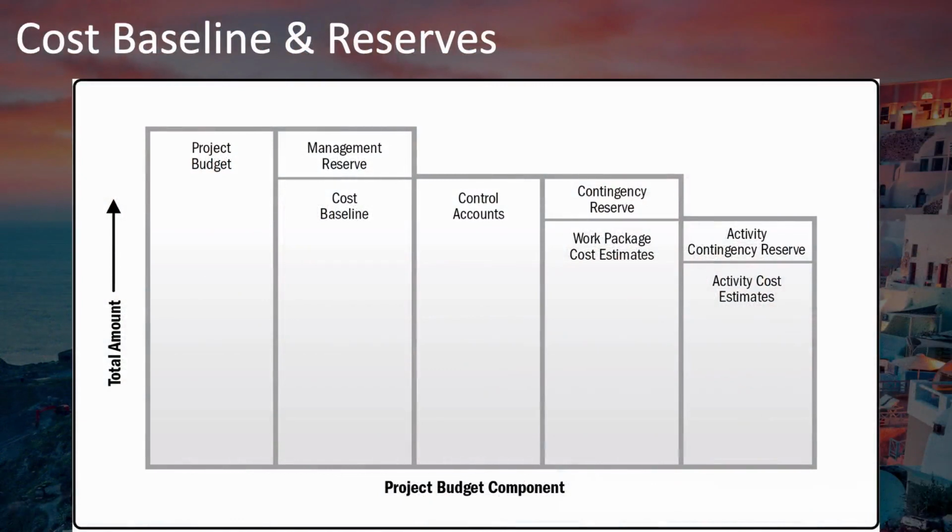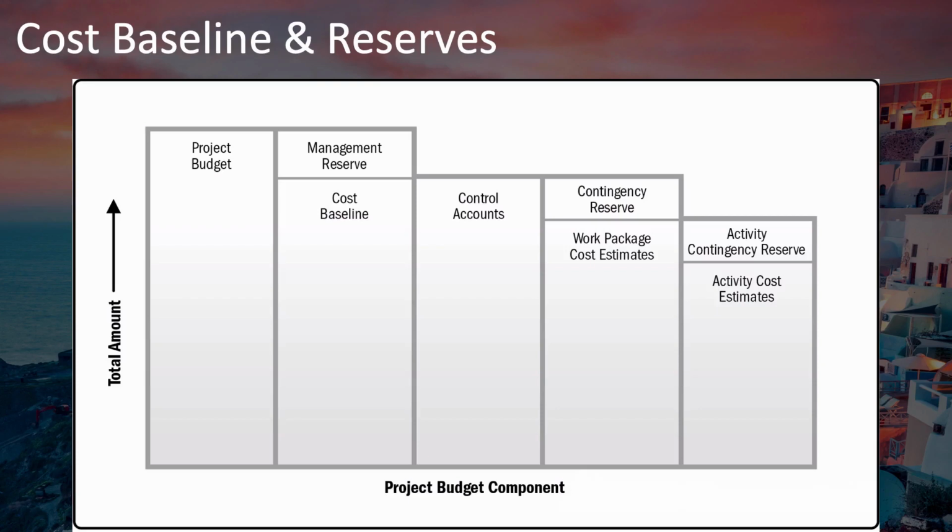Let's review your project cost baseline and project budget. This time, let's do this going left to right using a top-down approach. Your total project budget includes two items, your cost baseline and the management reserve.